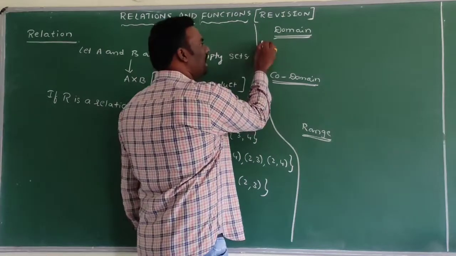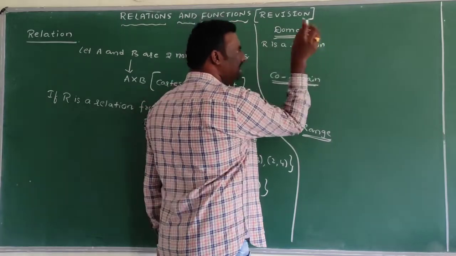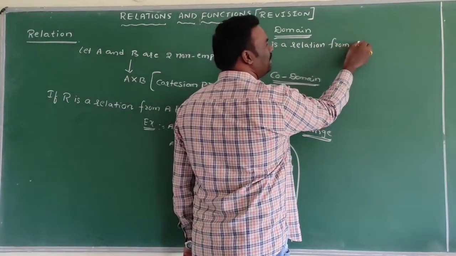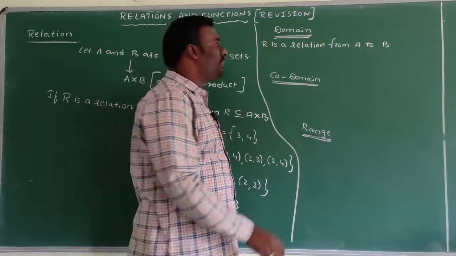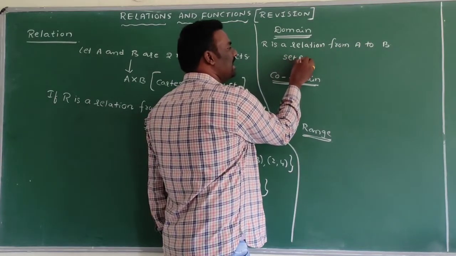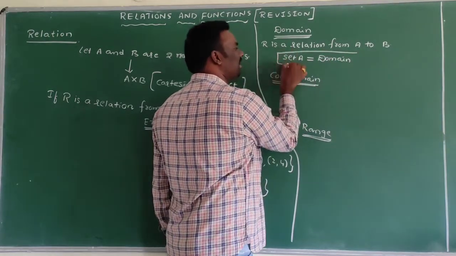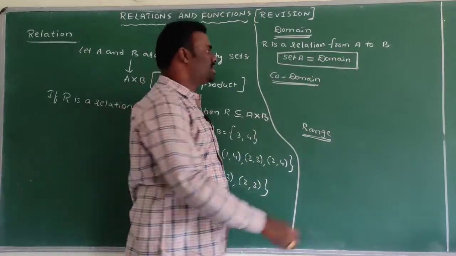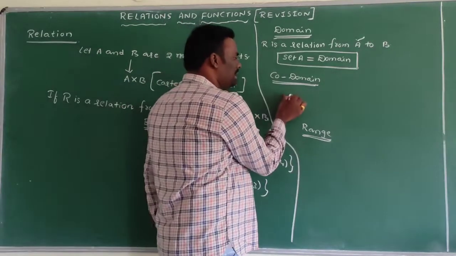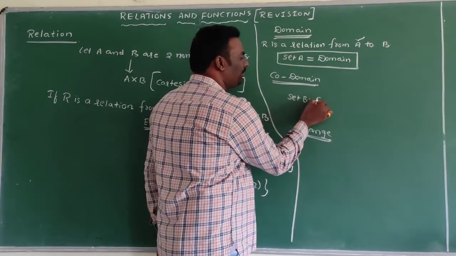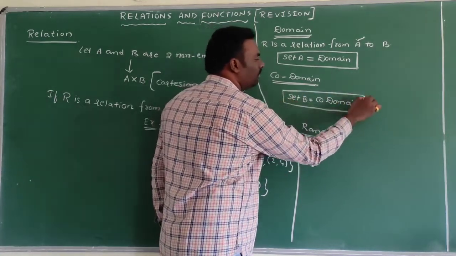Now, R is a relation from A to B. If R is a relation from A to B, then the first set, set A, is called the domain. Now what is meant by codomain? Here set B is the codomain.